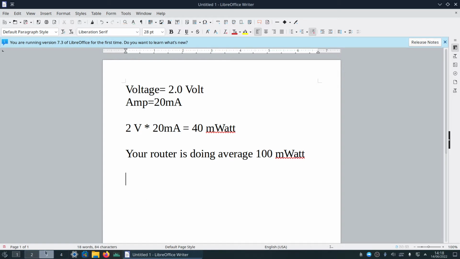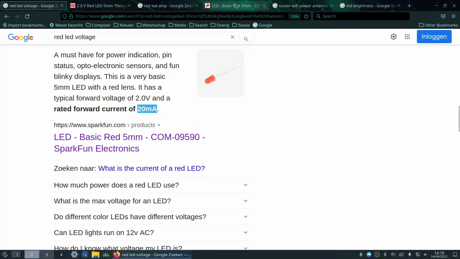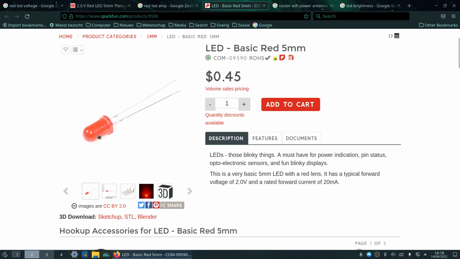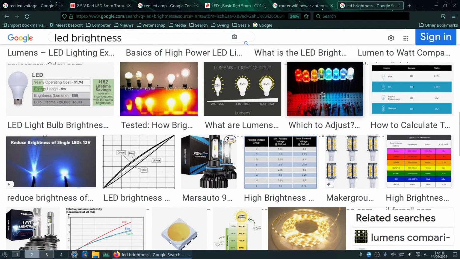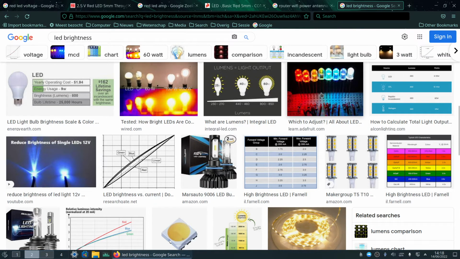Well, let's go back to this kind of LED and look up the brightness. Here I found an image. Oh, I can't zoom in. Look at this red one. Your television probably has a red LED when it's in standby.